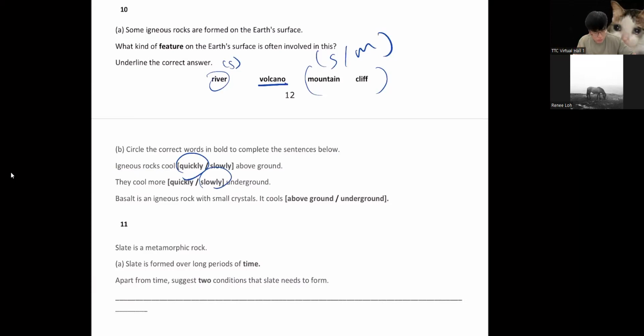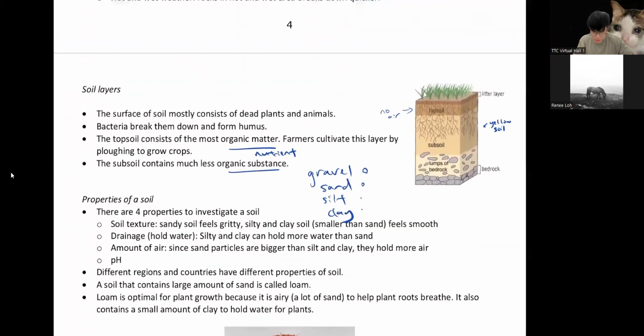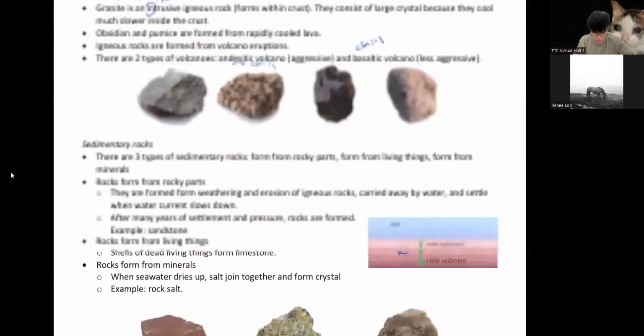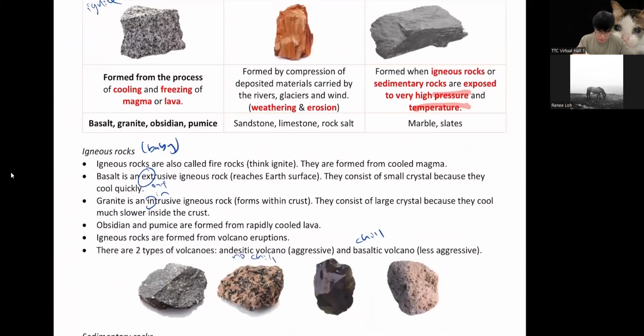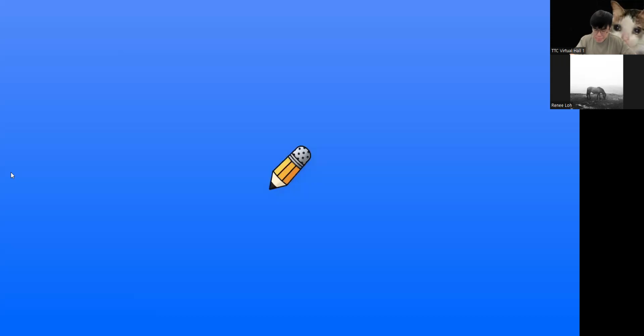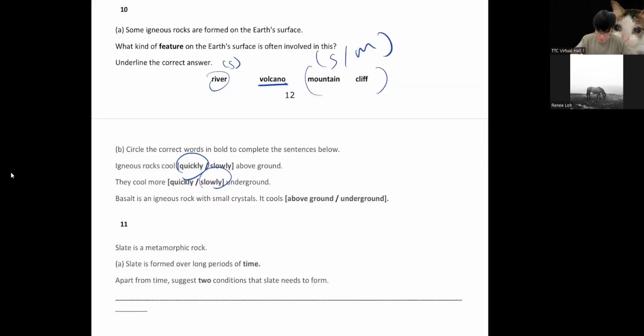It cools, wait, I think I forgot already. I think basalt is underground. Let me check. Basalt, yeah, there. Basalt is extrusive, Earth surface. Granite is intrusive, this is below ground. So this is above ground.